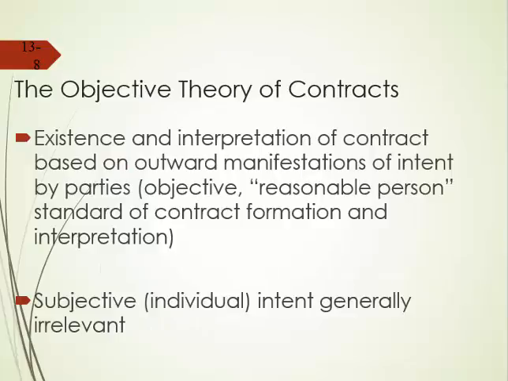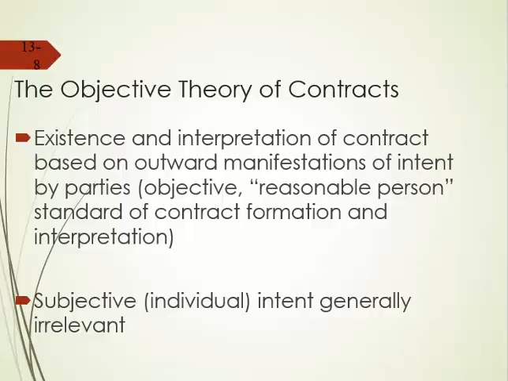Okay, just kind of the overall approach to contract law is objective. So we don't really look at individual intent. We simply look at, was there a contract based on a demonstration of an intent to be bound, and the reasonable person standard is applied, which means we don't look at the specific circumstances.